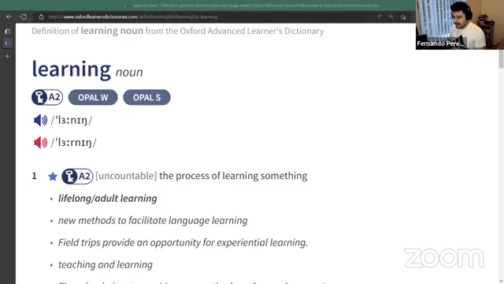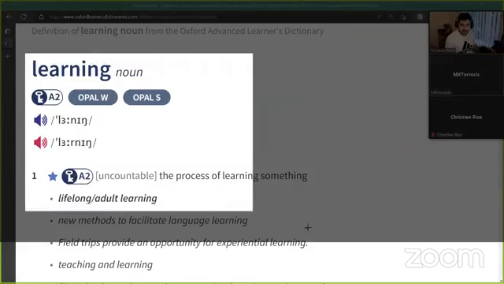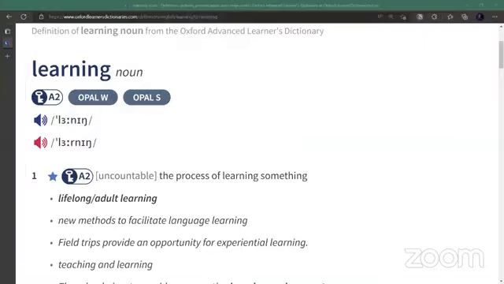Help me, Israel, with this. Yes. Learning is the process of learning something. The first example is new methods to facilitate language learning. Field trips provide an opportunity for experiential learning, teaching and learning. Okay. Right.